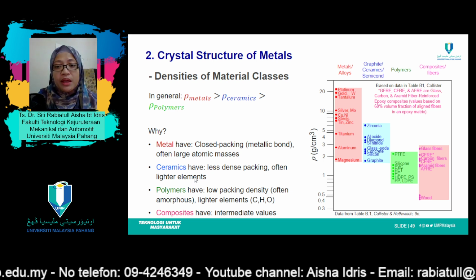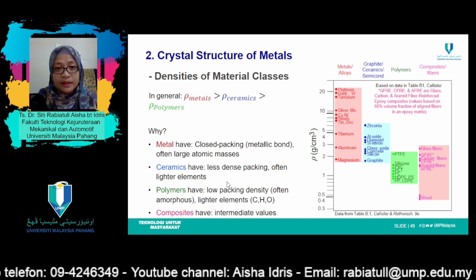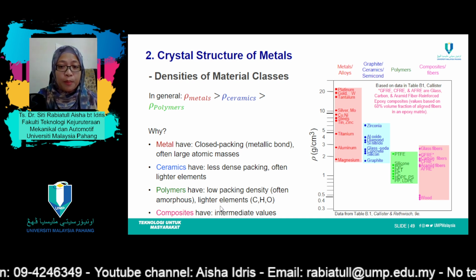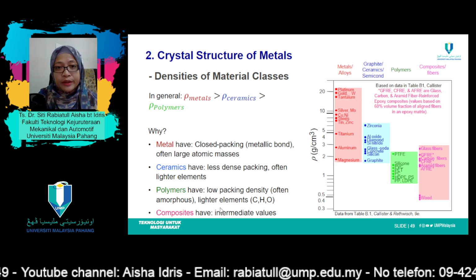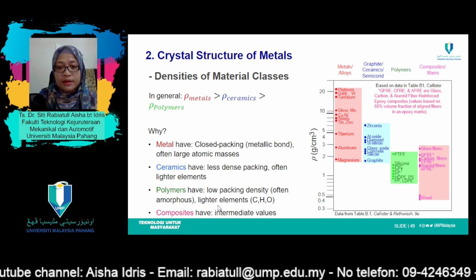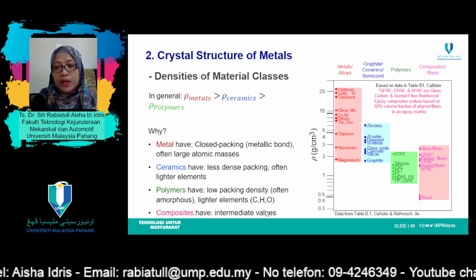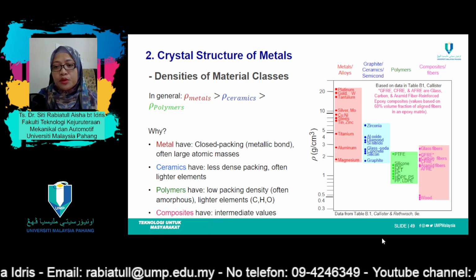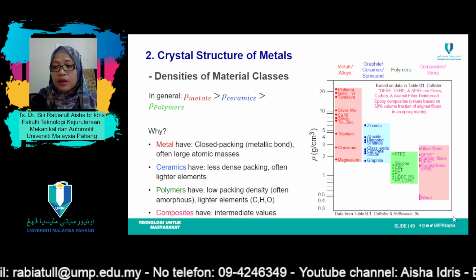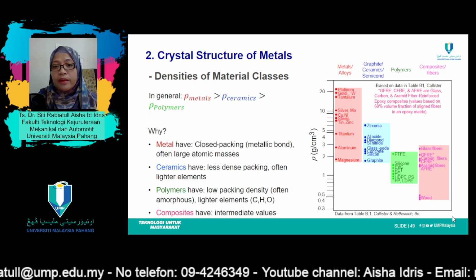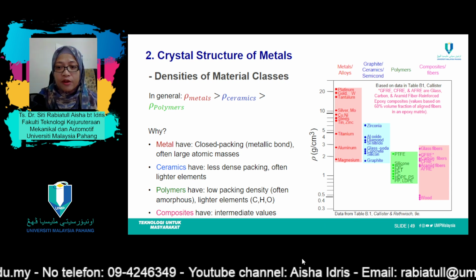Meanwhile, ceramic has less dense packing and normally lighter elements, and polymer has low packing density, for example carbon, hydrogen, and oxygen, whereas composite has intermediate values. You may refer to this diagram or graph over here to compare the density of different types of material classes.